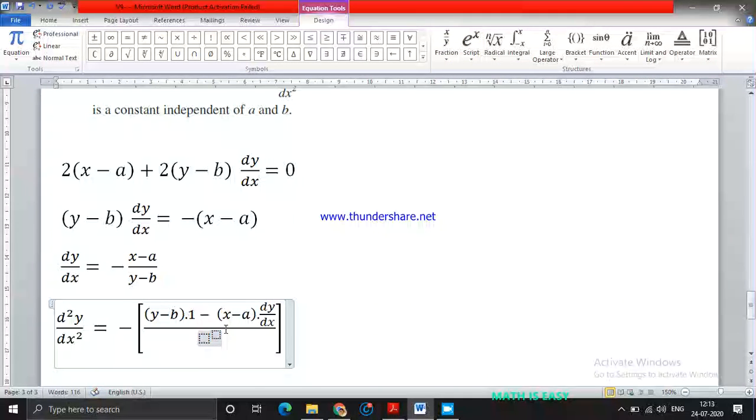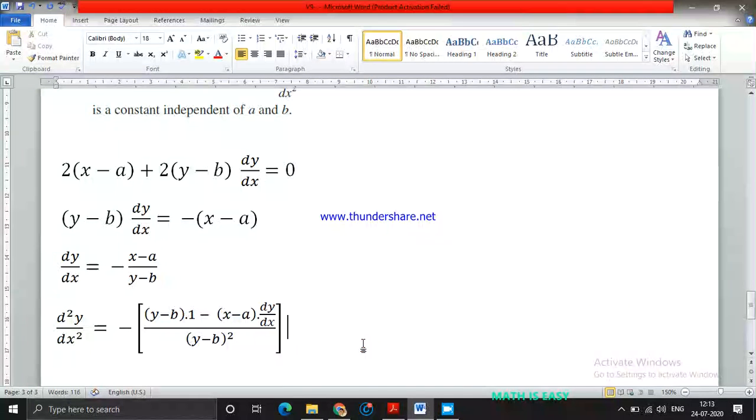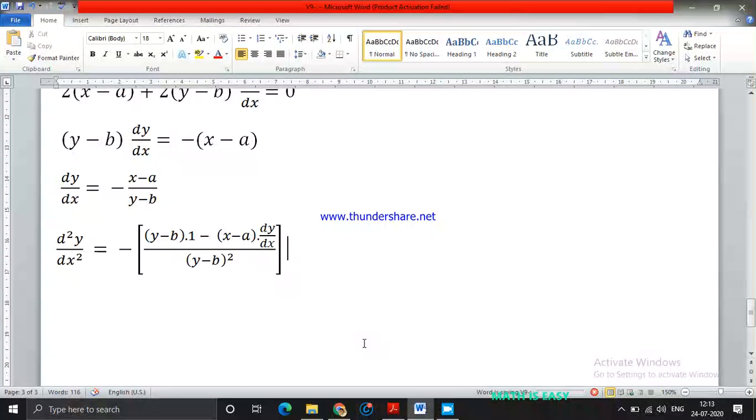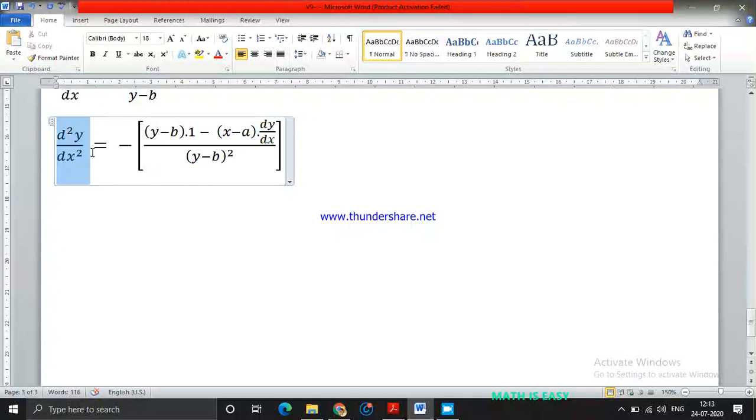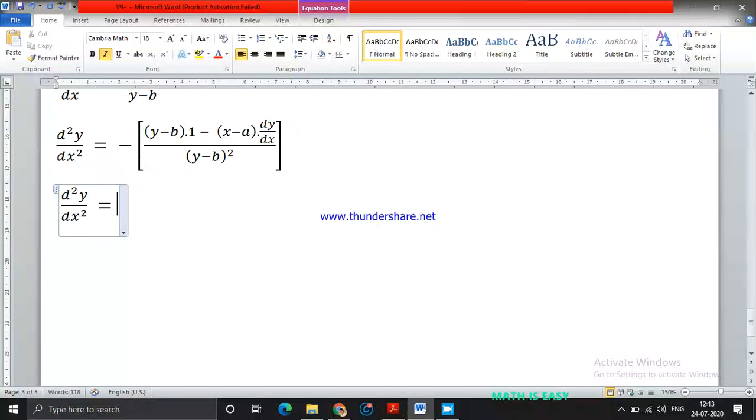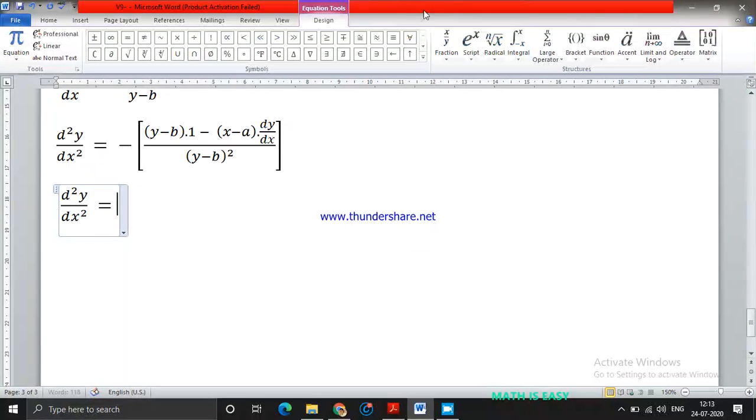On v square means here I'll get your v, which is y minus b whole square. If you want to do any further simplifications, you can do. Otherwise, I think this minus sign I can send inside. So what happens is then my terms are going to be d square y by dx square is equals to the same fractions will remain.